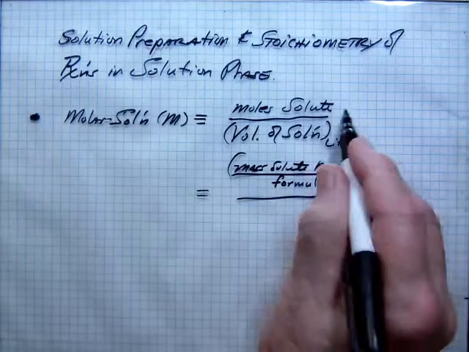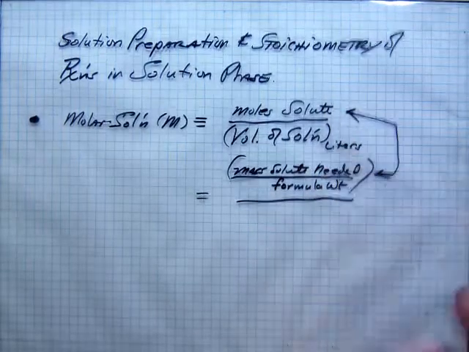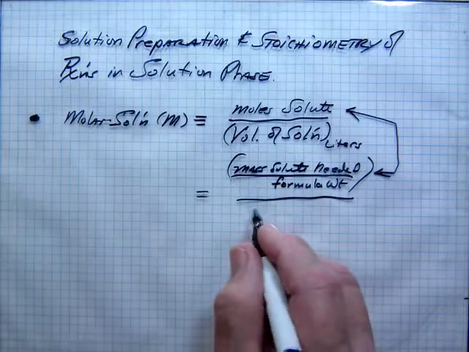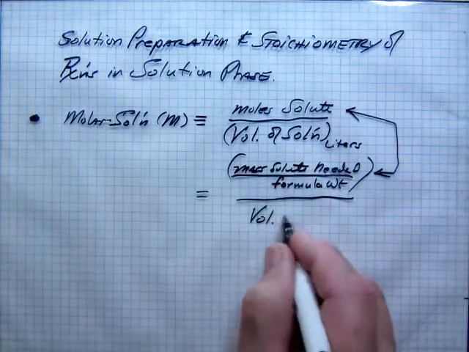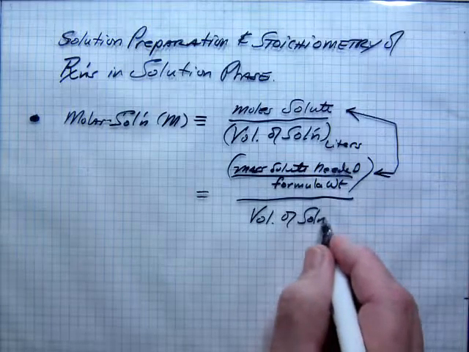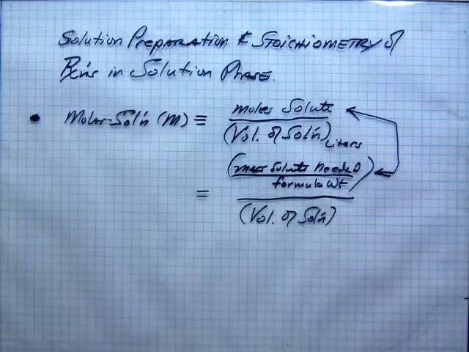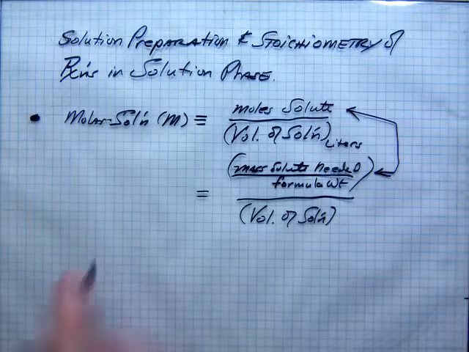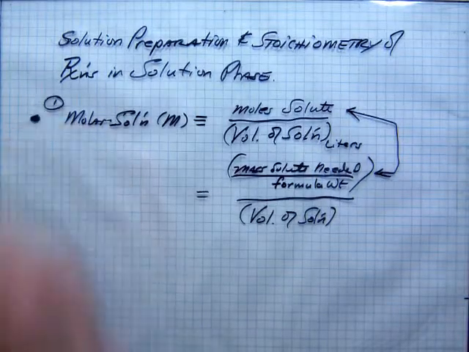And so that is the mole calculation you need to be aware of. And then you will disperse that into the volume of solution using the methods that we've talked about earlier. Okay, now and this is number one equation.